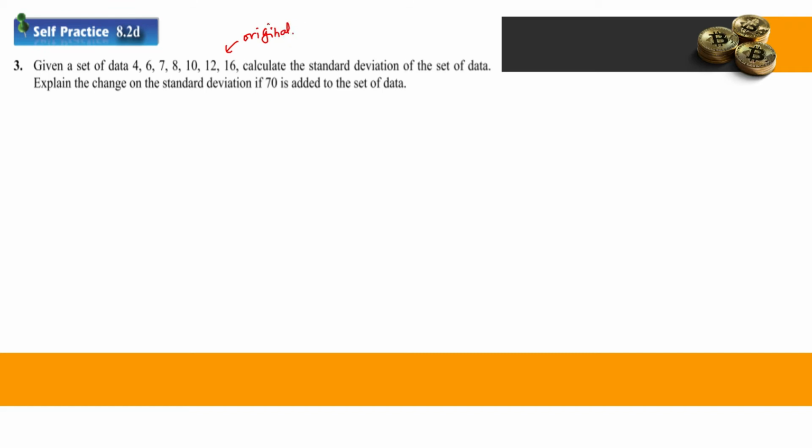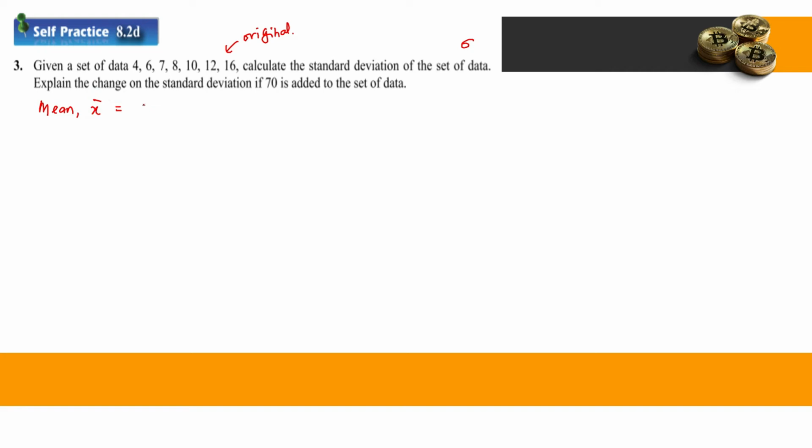So how to calculate the standard deviation? Standard deviation is like this, right? You have to find the variance first, and before you find the variance, you must find the mean. The mean symbol is like this.